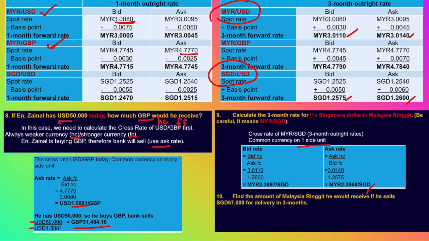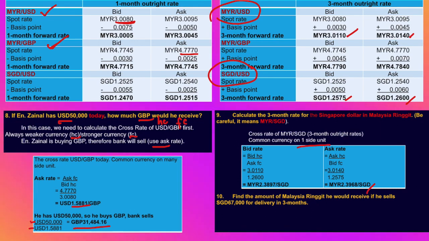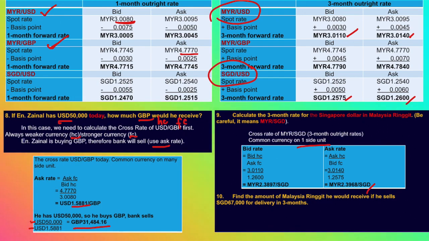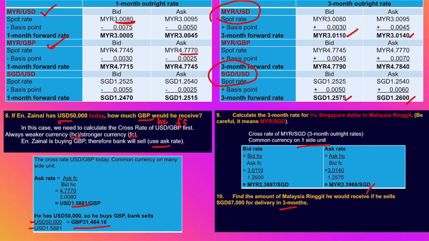And the last one, find the amount of Malaysia ringgit he would receive if he sells Singapore dollar 67,000 for delivery in 3 months. So he sells Singapore dollar, you have to use bid rate for 3 months.